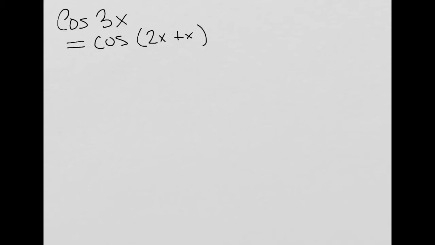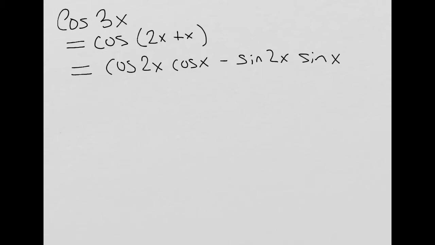And if I wanted to, we have a formula from the last section that allows us to express this as a sum and product of sines and cosines from the addition formula. So this would be cosine 2x times cosine x minus sine 2x sine of x.